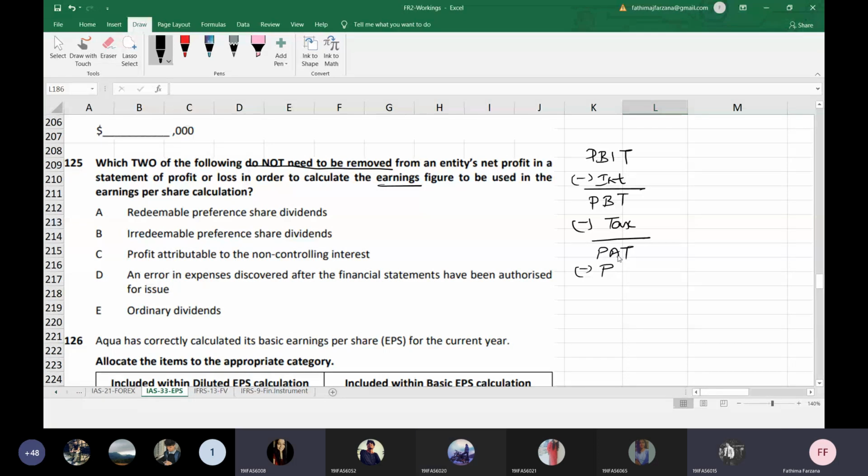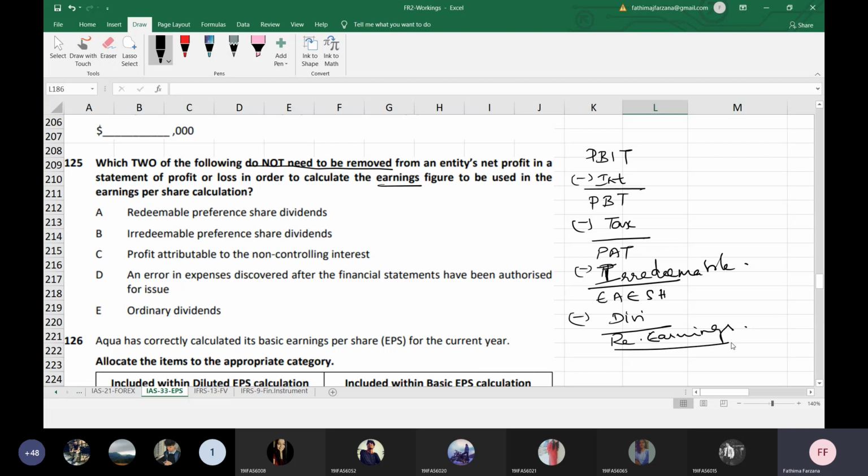Redeemable. So here, to whom will we give first then? Irredeemable. Am I right? You have to give to irredeemable. Then you'll have earnings available to equity shareholders. Then you will give dividends and the remaining you'll retain as retained earnings. Am I right? This is a flow, no?